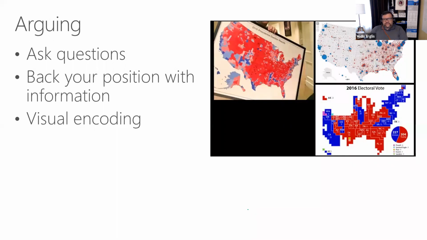The first is a Trump favorite map. If you win in this county, it's red. Then the second map on the top is the Hillary Clinton favorite map, and you could also see the population volumes as bubbles. And the third is a compromise of it.